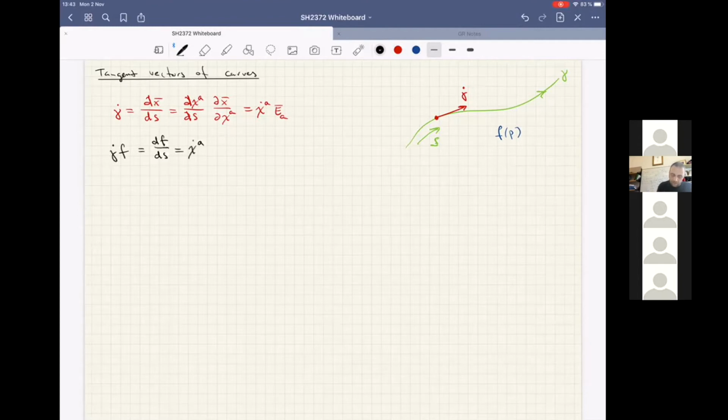chi dot a dA acting on f. So we see that this is indeed a directional derivative of the function f with components chi dot a. So it's the same components as we found for the tangent vector in Euclidean space.